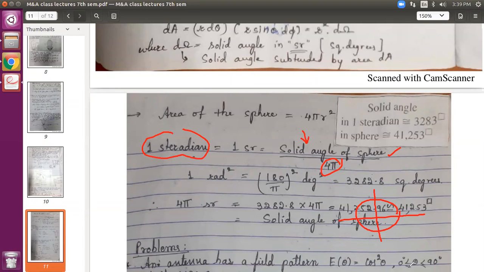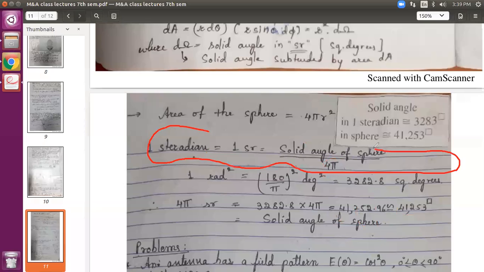Similarly for sphere, just now I told you the difference between circle and sphere. It is 4 times, so 4 pi. From this equation, we get the solid angle of the sphere: 1 steradian is equal to the solid angle of the sphere divided by 4 pi. So that's why 4 pi steradian. Why 4 pi only? Because the sphere is 4 times the circle.